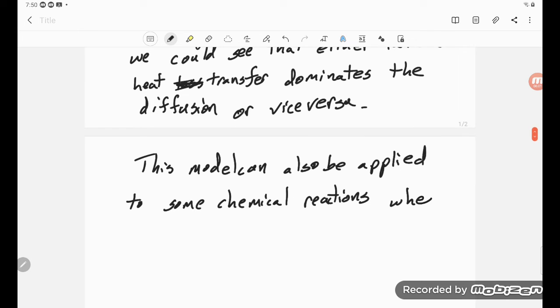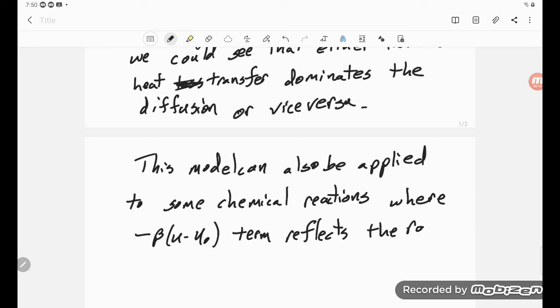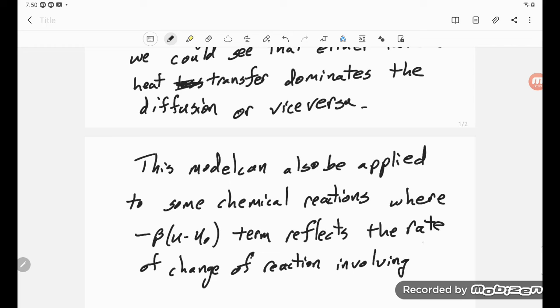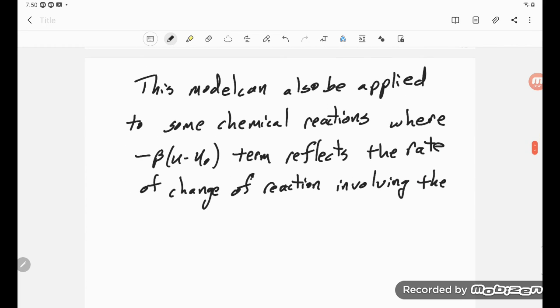So where, in this case, the minus beta U minus U0 term reflects the rate of change of reaction involving the two concentrations.